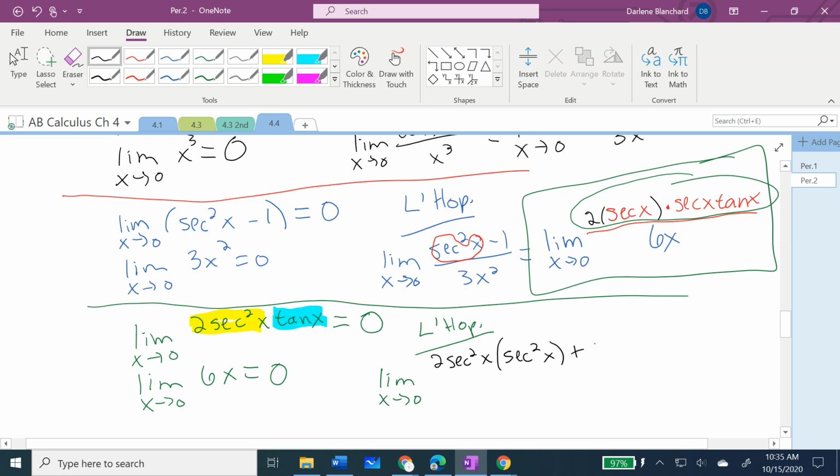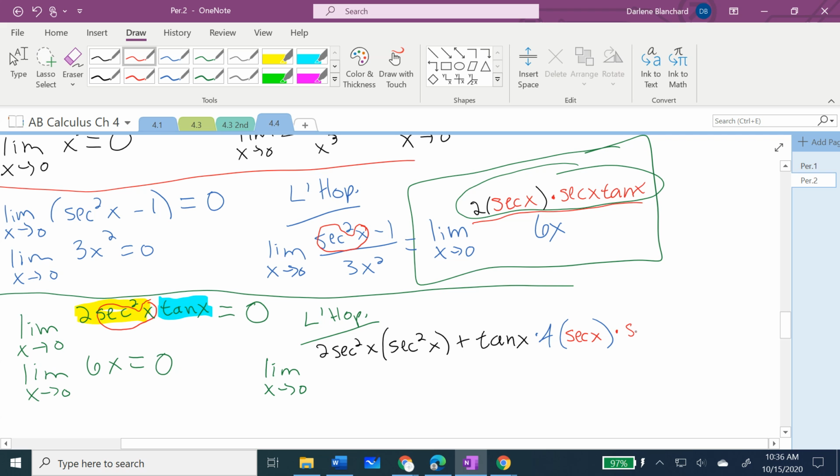Plus, this time I'm going to keep the tangent x and take the derivative of that first function, realizing that, again, this is a situation of chain rule. Derivative of 2 blah squared is 4 blah. And then I give mommy her baby, and I multiply by the derivative of that baby, which is secant x tangent x.